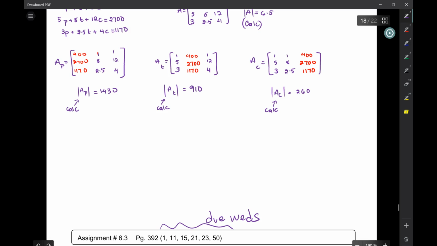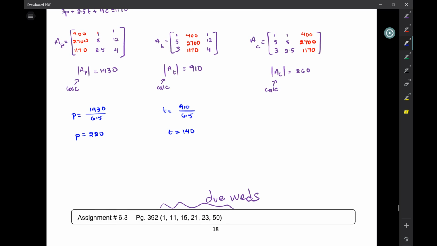Okay. So now to find P, I do 1430 over the determinant of A, which is 6.5, and P is 220. Then T is 910 over 6.5. T is 140. Okay.